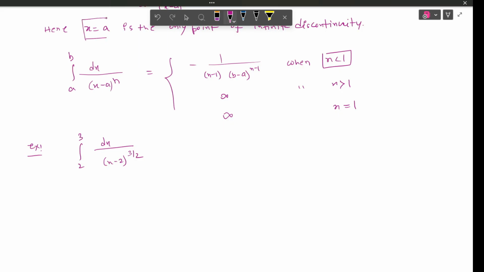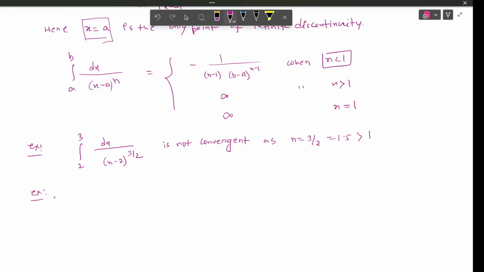Here x equals a is the only point of infinite discontinuity. So we know that in this format, only when n is less than 1 will it be convergent. But here n is 3 by 2, that is greater than 1, right? So it is not convergent, as n equals 3 by 2, that is 1.5, which is greater than 1.